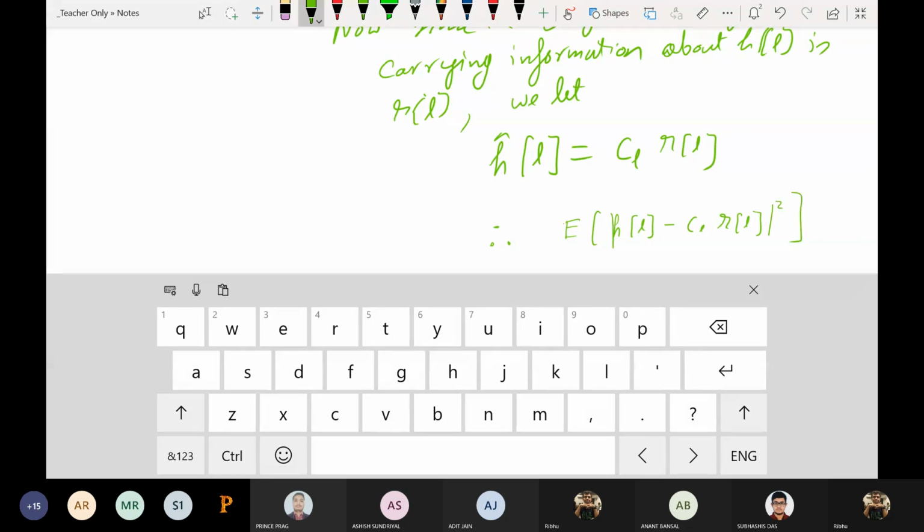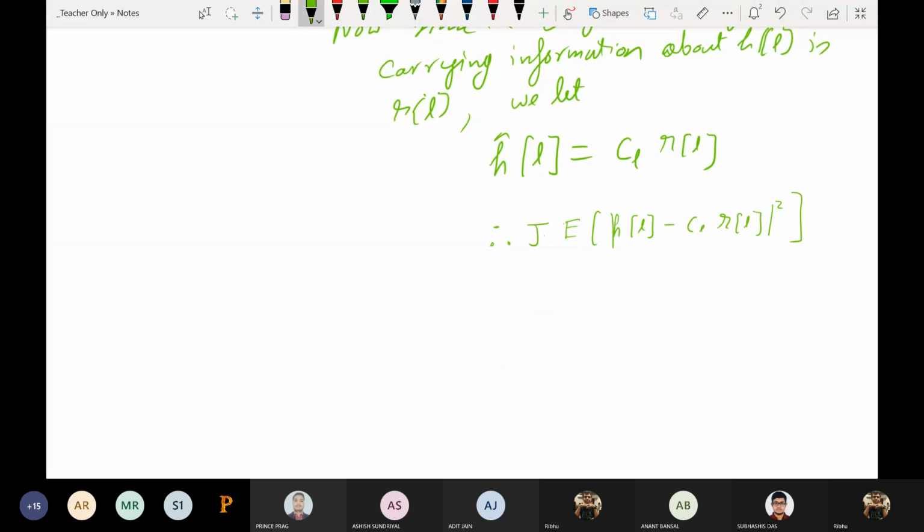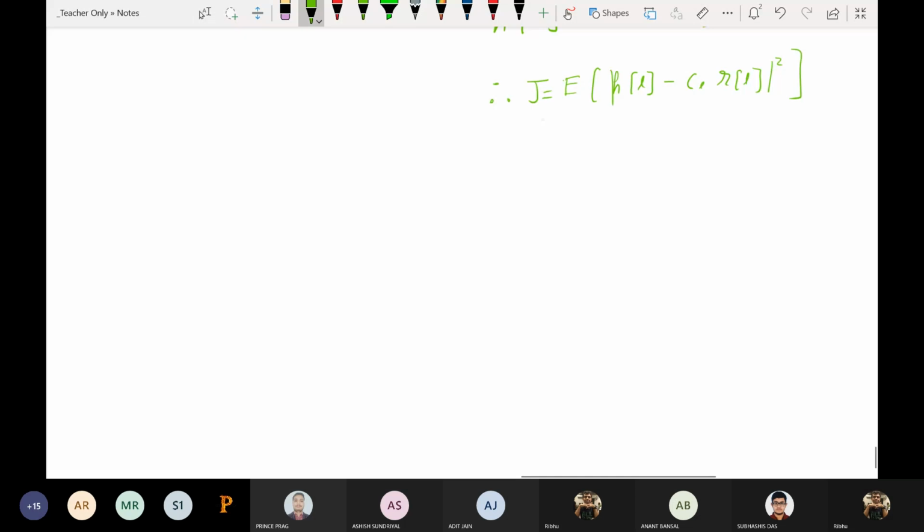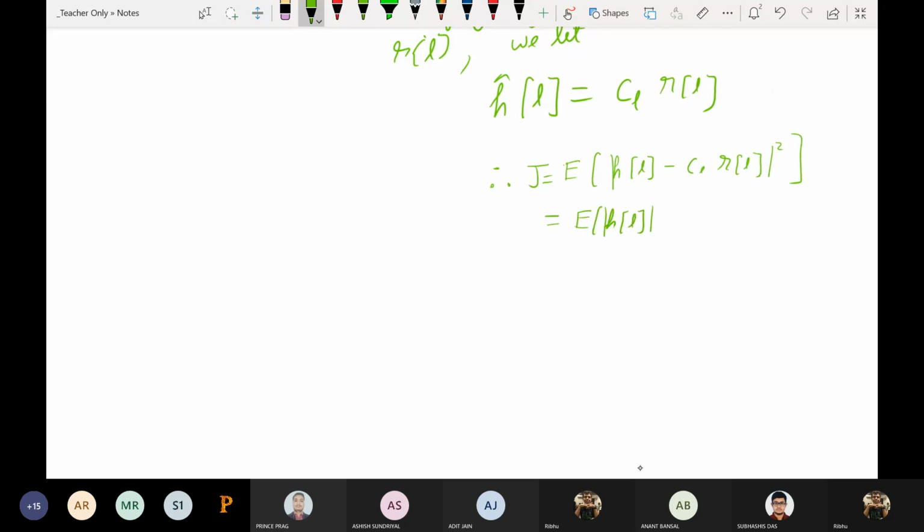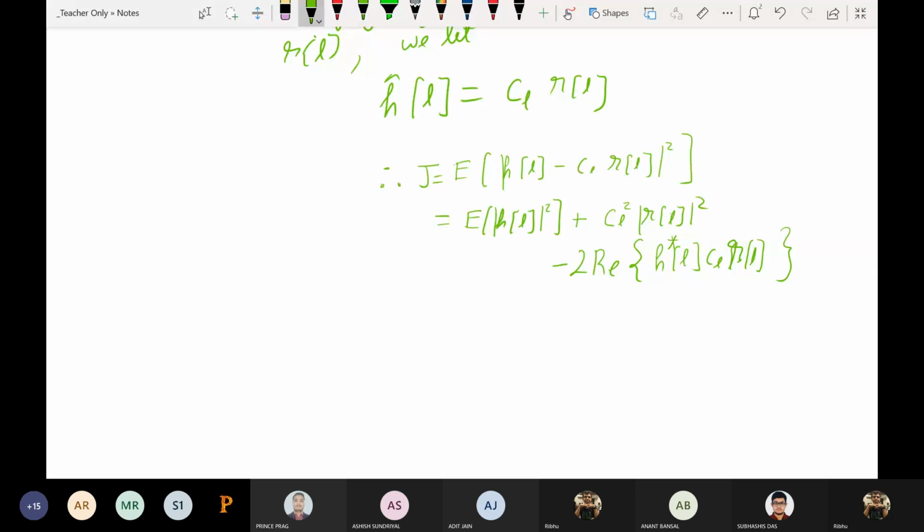So this is J equals the mean squared value of HL square plus ... Fine. Again, differentiating with respect to, so let me make this.